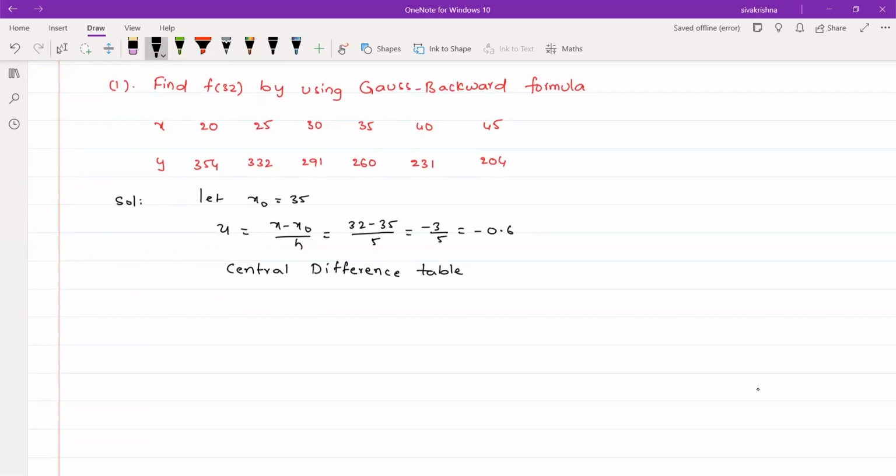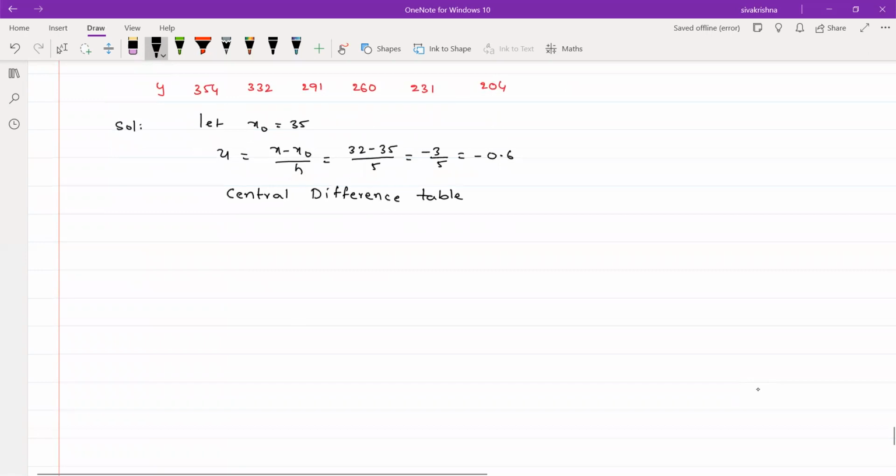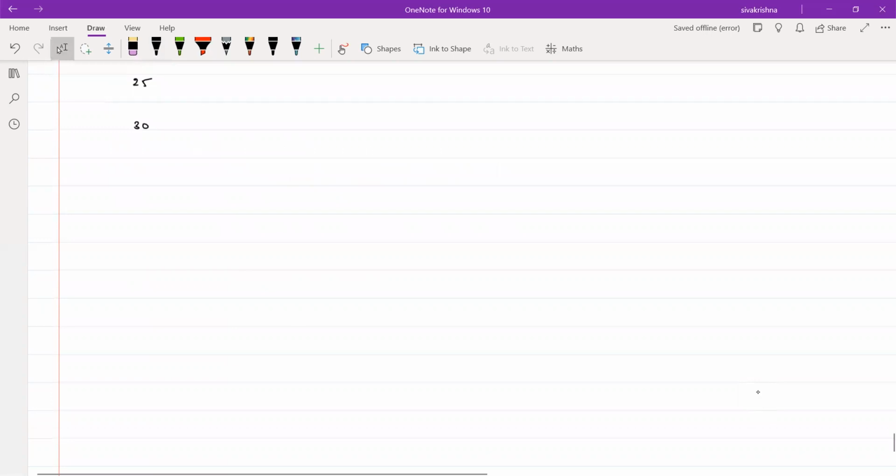In this table, the first column is the values of x, and the second column is the values of y or f of x. Here the values of x are 20, 25, 30, 35, 40 and 45.